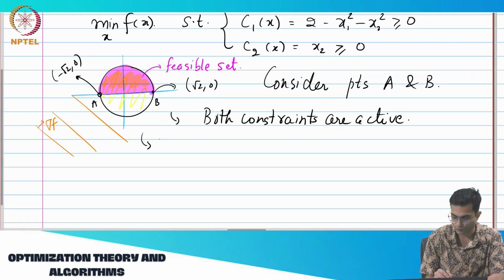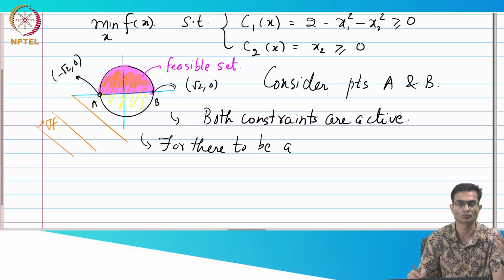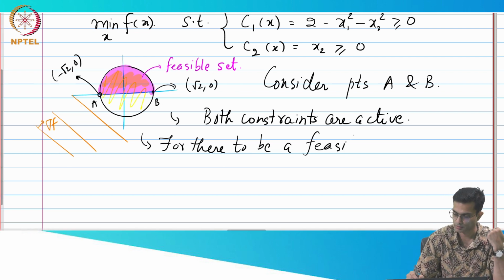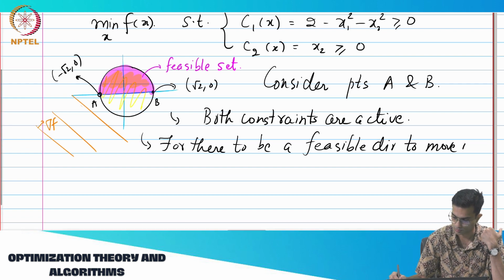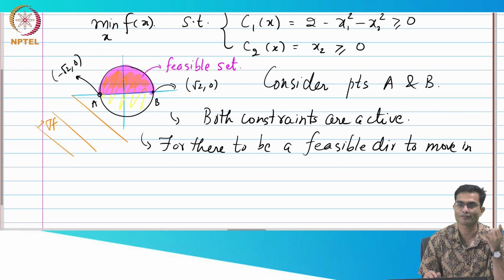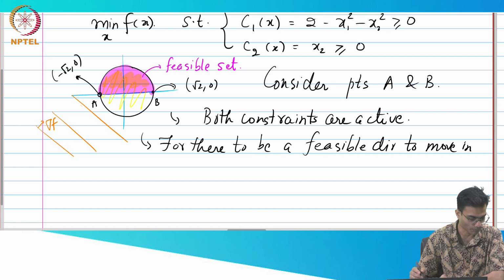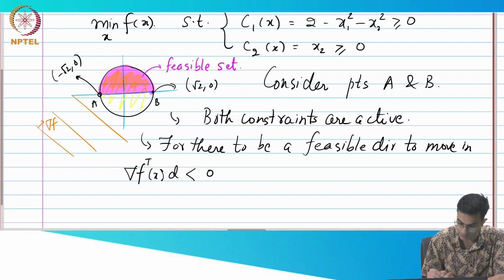Okay. Now for there to be a feasible direction to move in, what do I need to happen? I need to have feasibility and a decrease in the function. Those are the two kind of poles, right? So I had grad f transpose, let's call it d, less than 0.